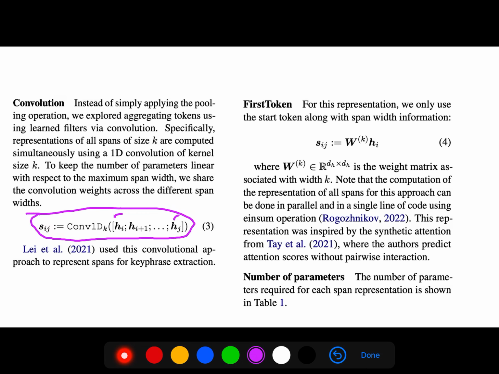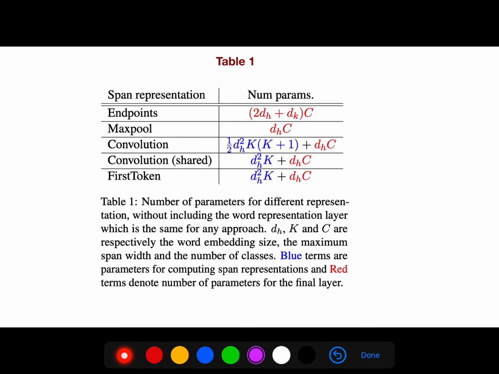Or you can just use the first token. Because you know the width of the span, so knowing the first token and the width, that's enough for understanding the span. So first token is enough. And you can see different numbers of parameters if you use, for example, endpoints, max pooling, convolution, or first token.